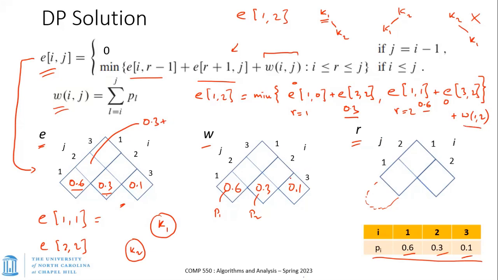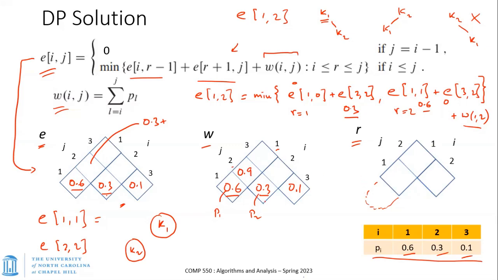Now what's the weight of 1 comma 2? That can be derived from the W table. Weight 1 comma 2 is essentially saying, what is the sum of the weights 1 and 2. So you can simply take these two weights and sum them up. So 1 comma 2 is 0.9.